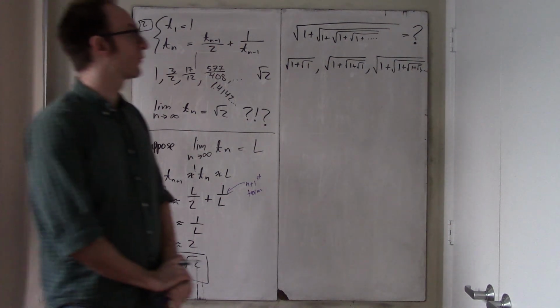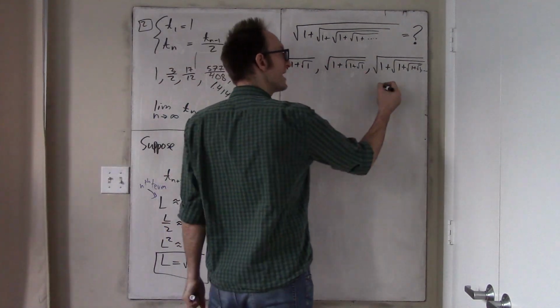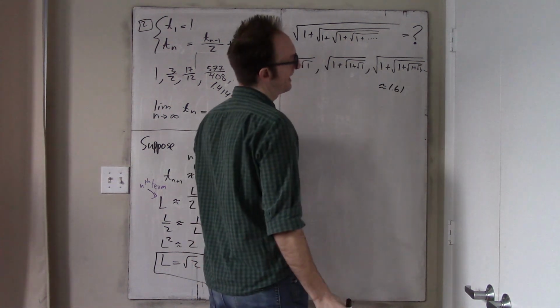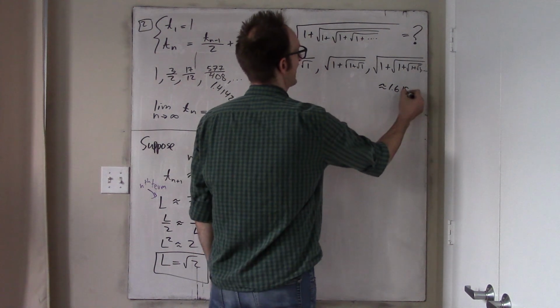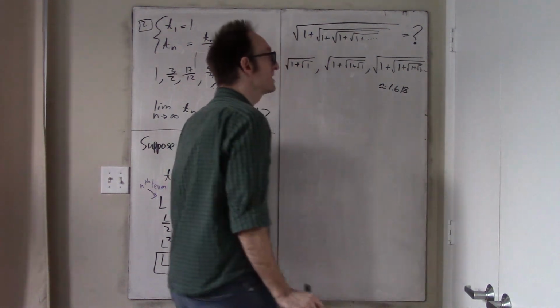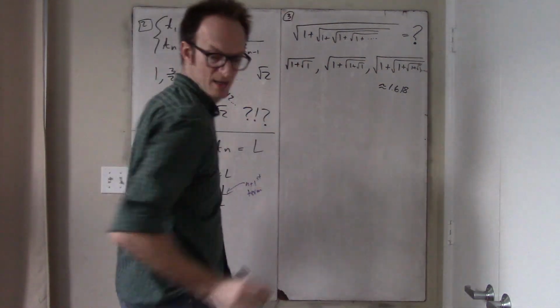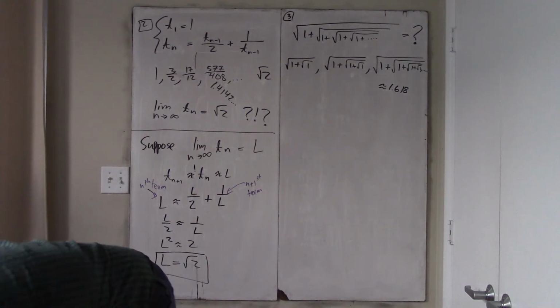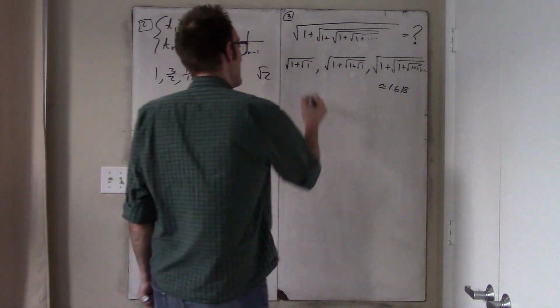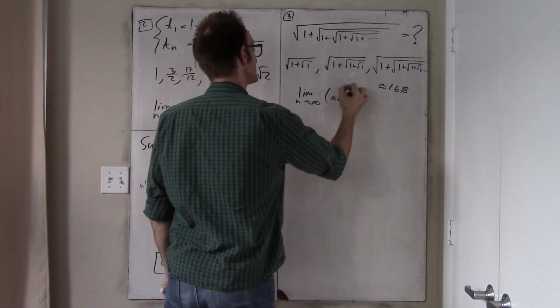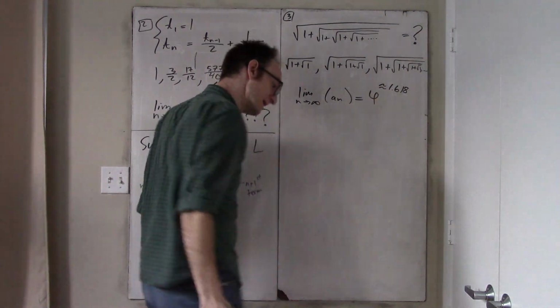But when you do this out a whole bunch of times, you start getting this 1.618. And so could it be that this sequence has a limit, and could it be that the limit of this sequence is in fact the golden ratio phi?